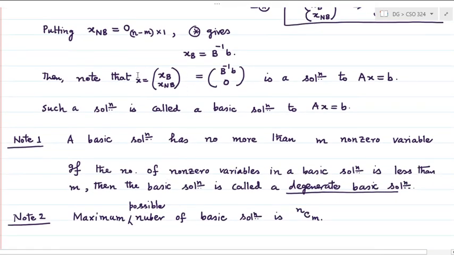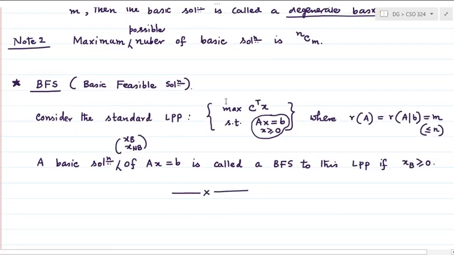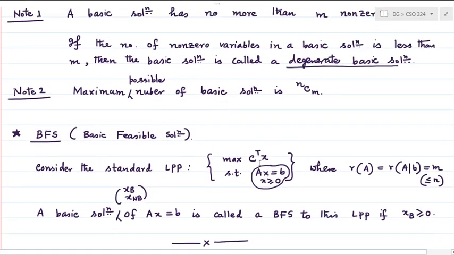And if this solution xB satisfies the restriction that x is greater than or equal to 0, then we call this solution, xB and xNB, a basic feasible solution. Because in the constraints of your linear programming problem you don't just have Ax equals to b, but also x greater than or equal to 0.